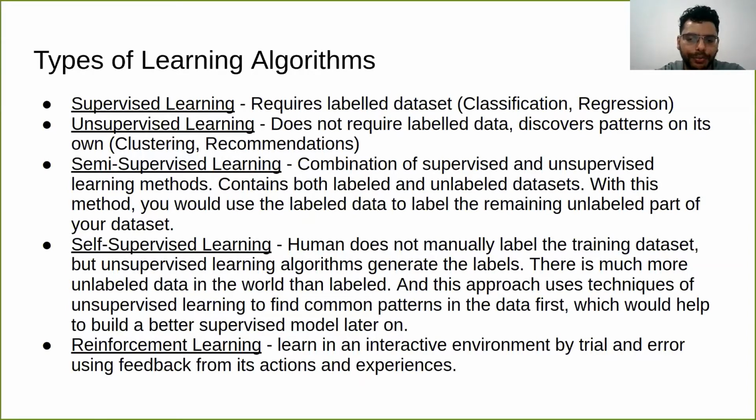So these are the commonly used learning algorithms. Whenever we talk about any machine learning model or any deep learning model, it is based on either a supervised learning approach, unsupervised learning approach, semi-supervised learning, self-supervised learning, or reinforcement learning. So it belongs to one of these learning categories.